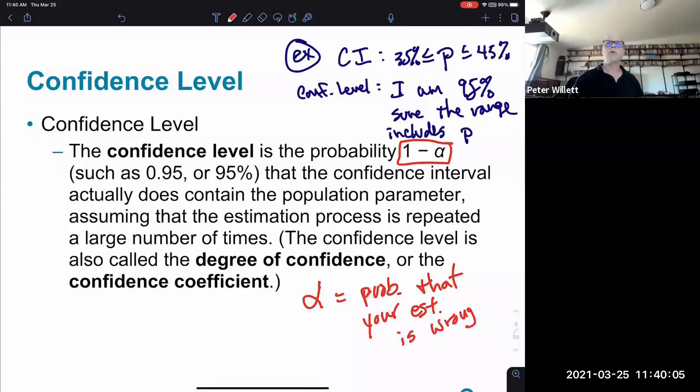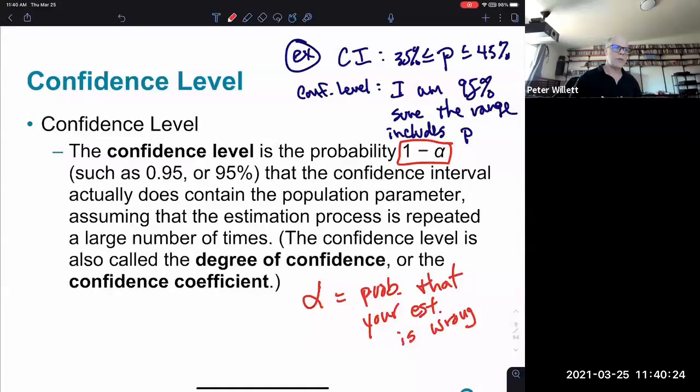And so the lower alpha is, the stronger your prediction is. If alpha drops to 1%, then there's only a 1% chance that my interval value estimate is wrong.